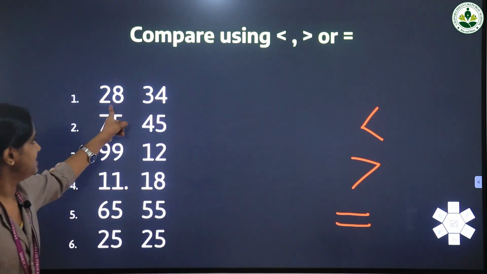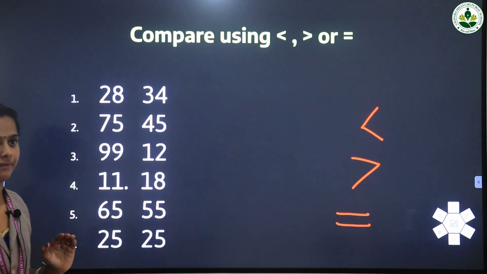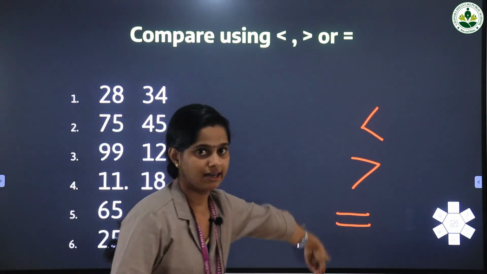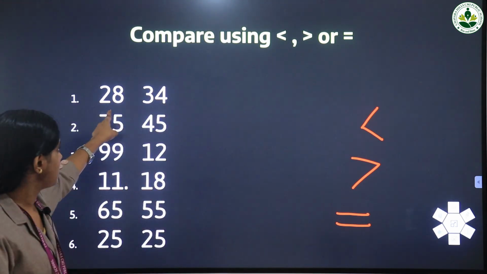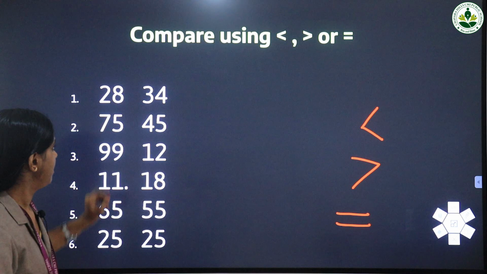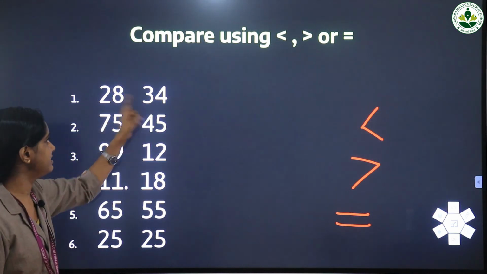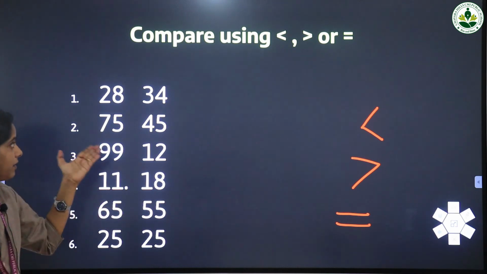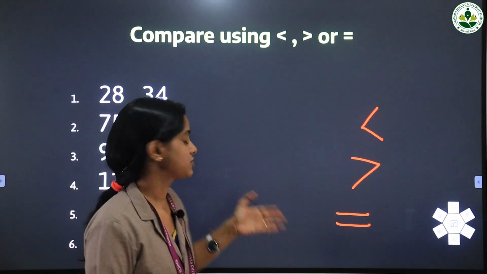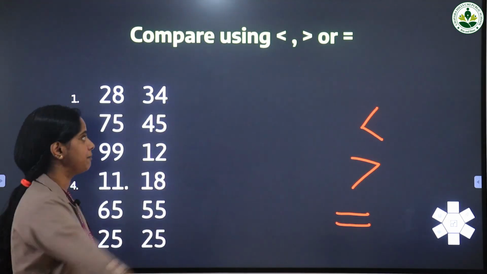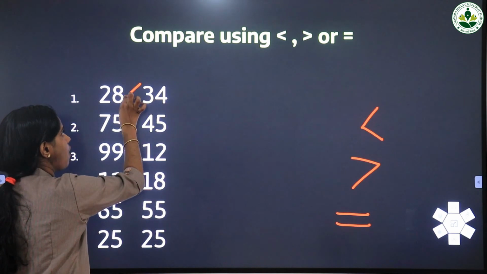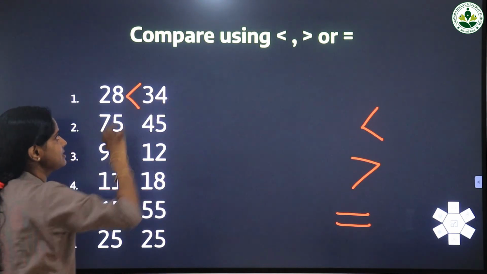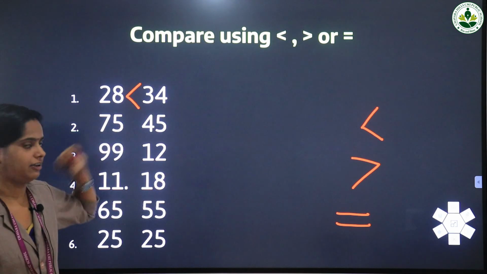Compare 28 and 34. We use these signs. Which is the greatest number, 28 or 34? We can see that there are 3 tens and 2 ones. The number with more tens is the biggest number. So 34 is the biggest number. So we place the open mouth towards the biggest number, that is 34.